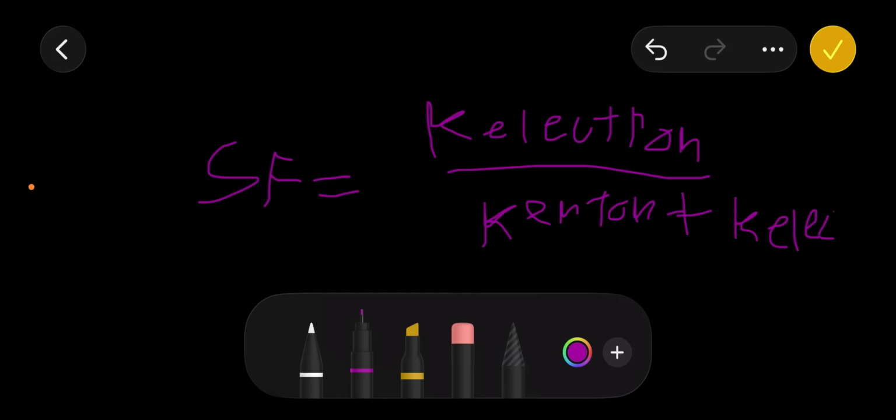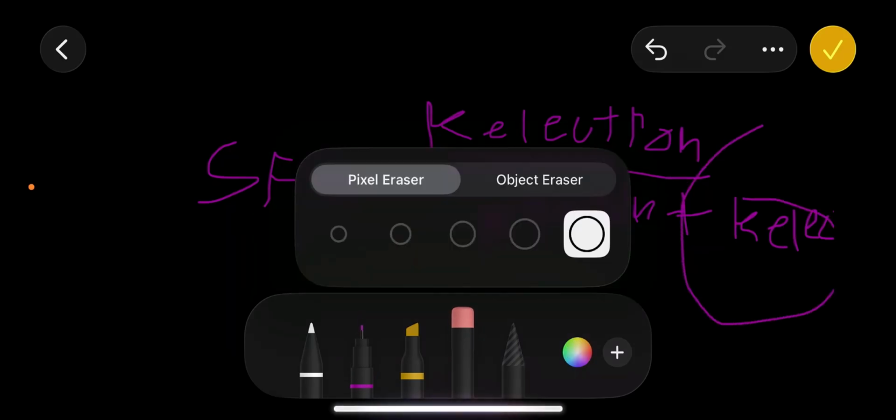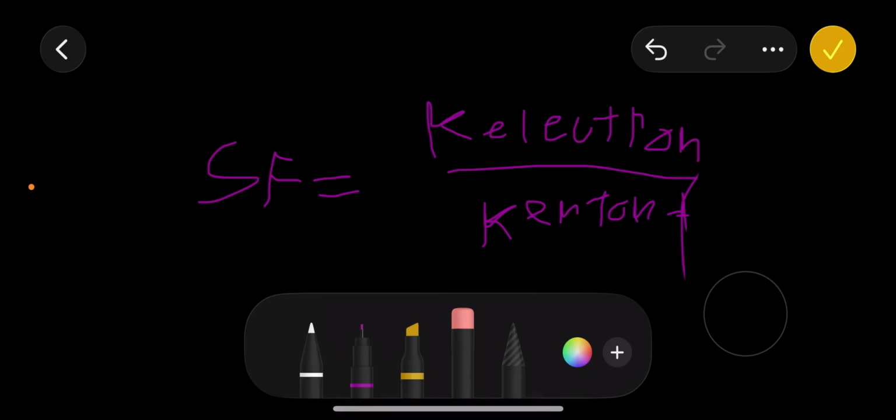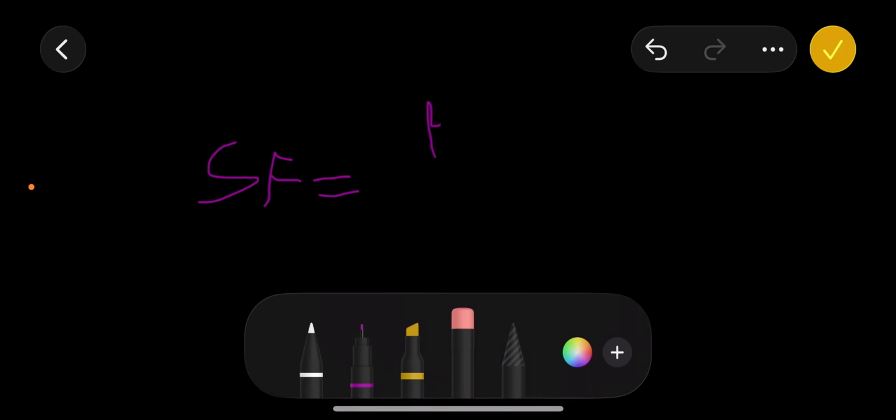Now, since you mastered all of these: electron is the extreme electrical force, Kenton is the straight force, the balance, and electron is the outward force. This is the stability factor.